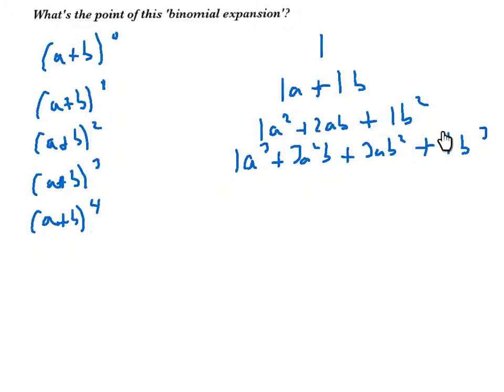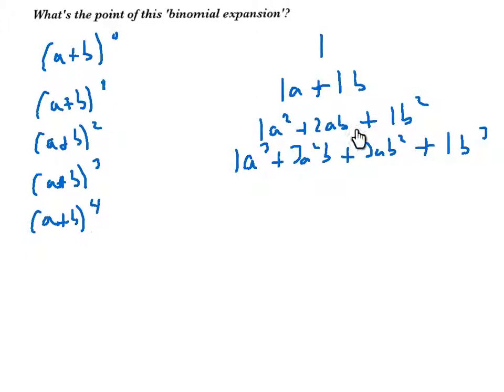You see there's a pattern forming here, isn't there? As I go along the terms, what's happening to my a and b each time? Well, a to the power of 1, b to the power of 1. Now I look here. I've got a squared, so it starts off with this number squared here, and it must be times b to the 0, because b to the 0 is 1, isn't it?